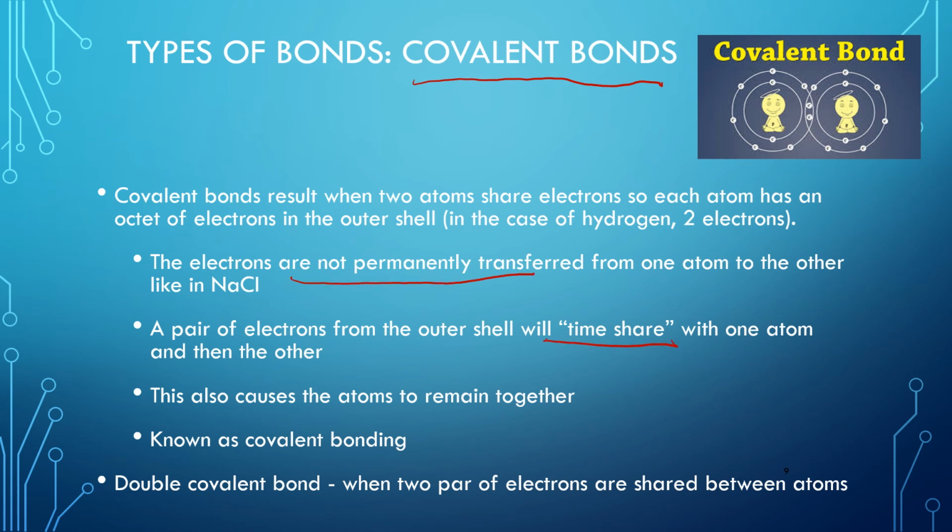And so what holds the atoms together is the sharing of electrons. So if they share one pair of electrons, that's called a single bond. They can even share more than one pair of electrons and form a double or triple bond. And so I'll give you some examples of that.